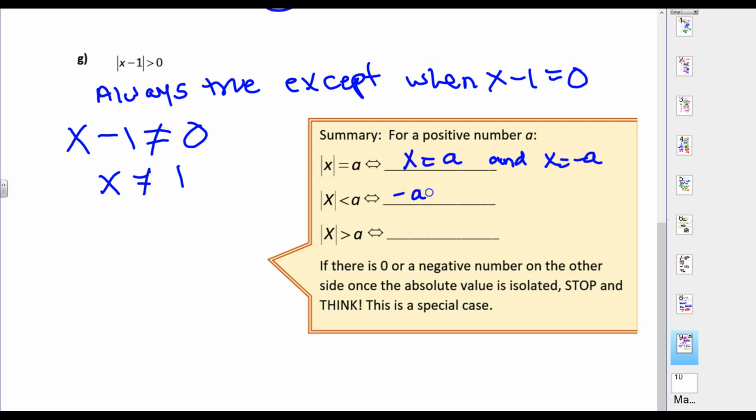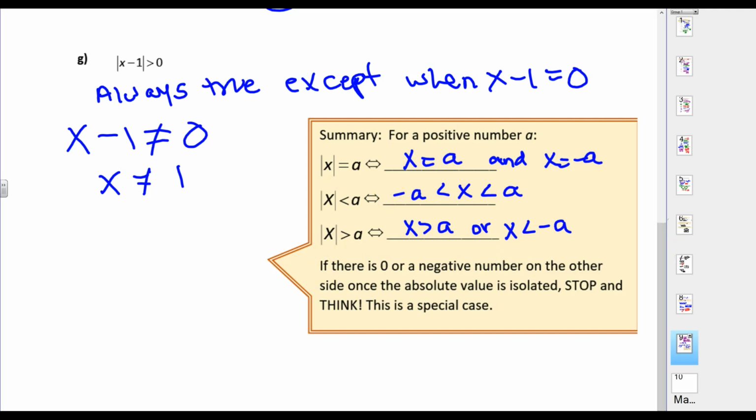It becomes negative a is less than x, which is less than a. You join them together, and it becomes one nice inequality. Whereas if I have the absolute value of x is greater than a, this is going to become an OR equation. Greater is an OR. So I would get x is greater than a, or x is less than negative a. Greater is or, less than is and.